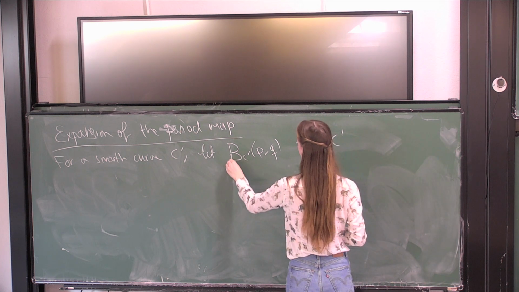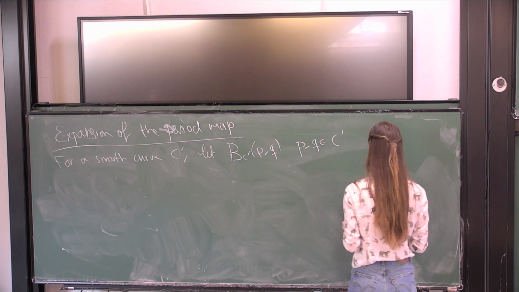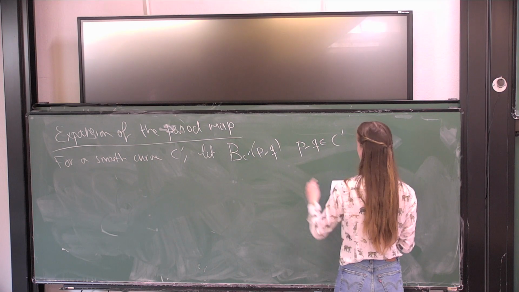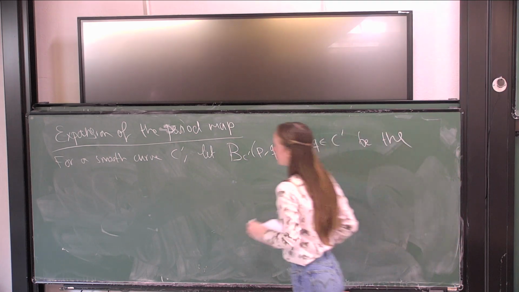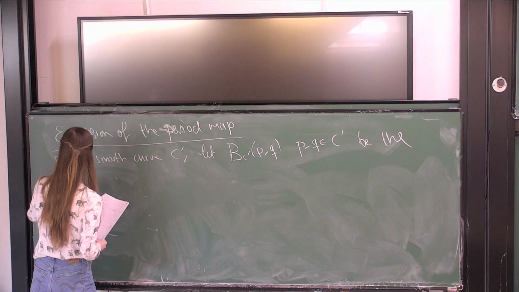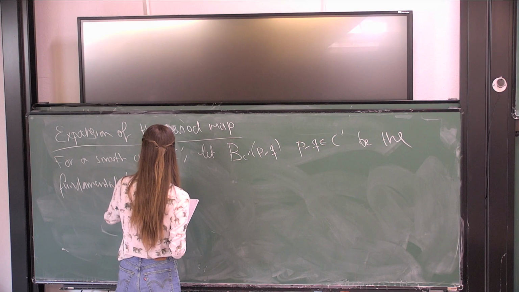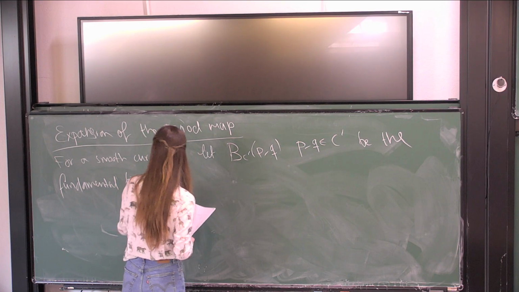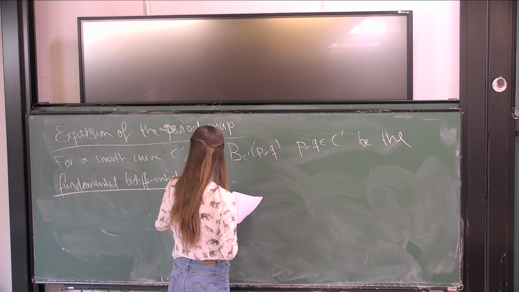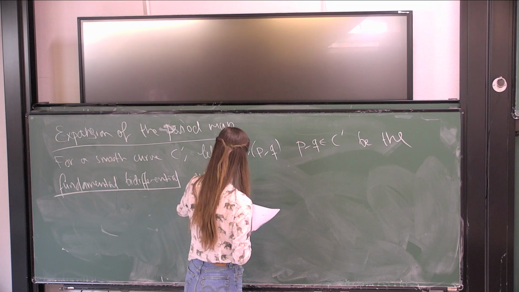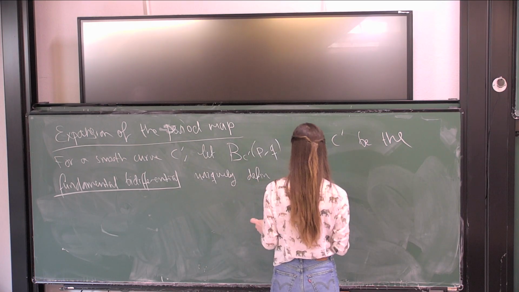It can also be seen as some function or some bidifferential in local coordinates. And it's characterized by a set of properties. We also require it to be normalized so that it's uniquely defined.